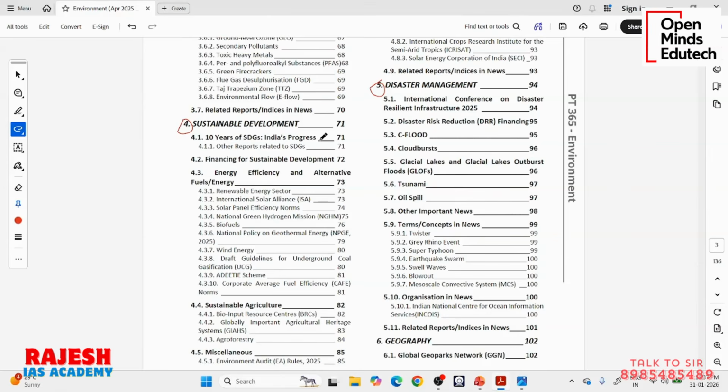So whatever is the mains syllabus, more or less the same is the prelims syllabus, except that you will not read world history, ethics, internal security, etc. Otherwise, more or less what you read for mains, you will also read for prelims, the same syllabus for the common subjects. So this environment is in GS3. The current affairs of disaster management, which is also in GS3, is also included in this PDF.